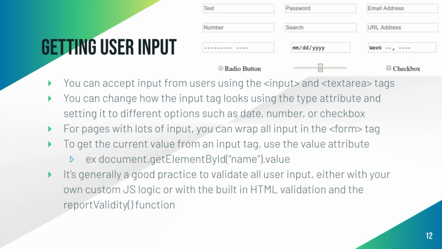To get the current value from an input tag, you just use the value attribute. Similar to what we've seen with inner HTML and text constants, we can use the value, and that will get whatever information is put inside of that input. And then it's generally good practice to validate all of the user input.